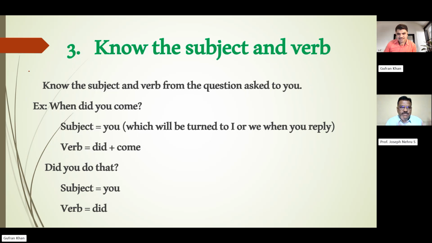So the subject is you, and the verb in the question your friend asked you is the past tense verb. The action in the question your friend asked you is the action of coming. And that action of coming happened in the past.